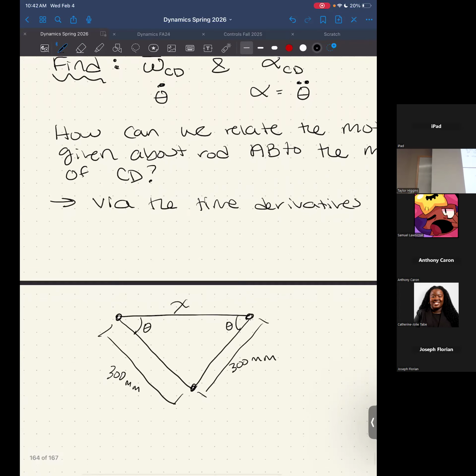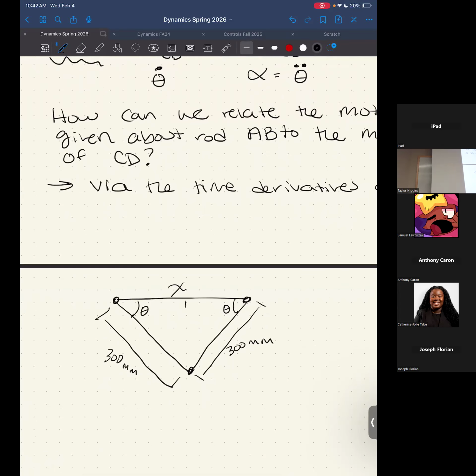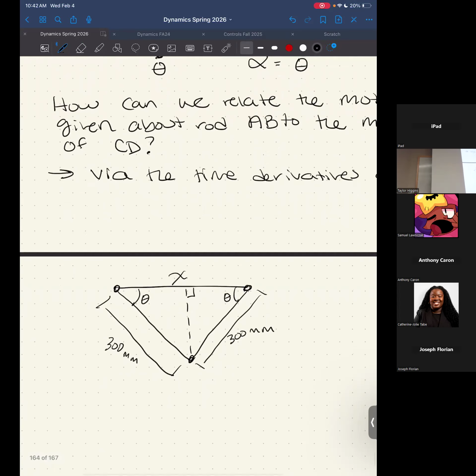So if I wanted to write x as a function of theta, I could say these look like two right triangles. And this quantity of this right triangle is just what? Okay, it's x over 2. But how do I relate it to theta and 300?